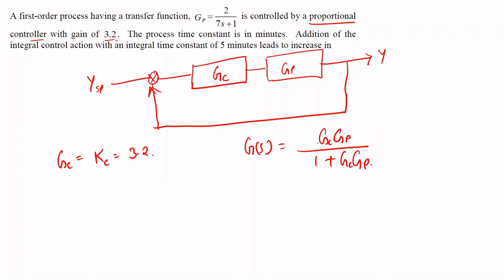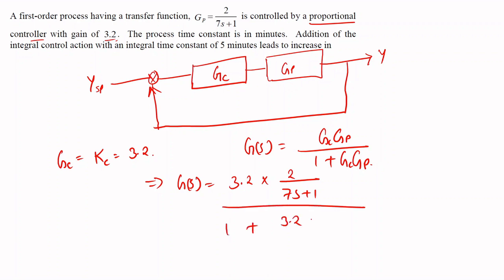So we replace the transfer function of the process, GP, and of the controller, GC, and we get G of S equal to 3.2 into 2 upon 7s plus 1 upon 1 plus 3.2 into 2 upon 7s plus 1.